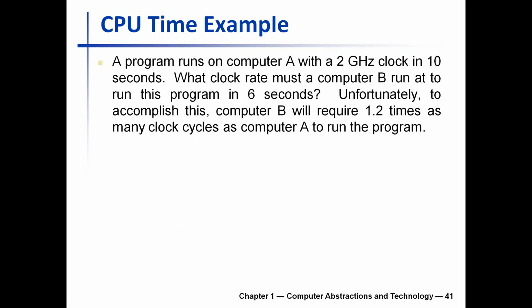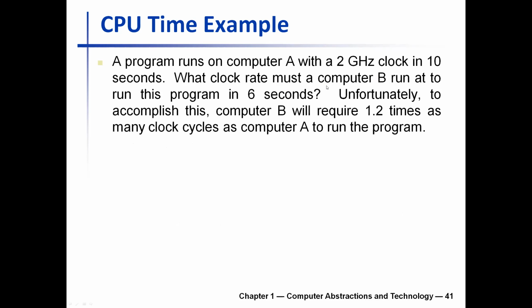The program runs on computer A with a 2 gigahertz clock, and it takes 10 seconds. Right? We have a program, we have computer A. For that program, computer A takes 10 seconds, and the clock used is 2 gigahertz.